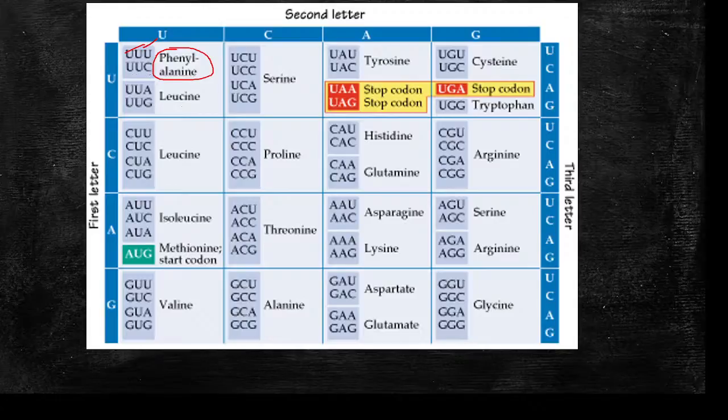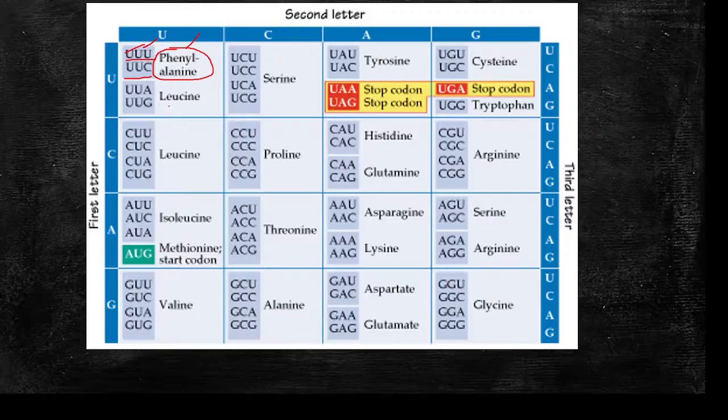Like UUU and UUC code for phenylalanine. So there are 2 codons, one containing all uracil nucleotides and the other containing 2 uracil and 1 cytosine. Both can code for phenylalanine.